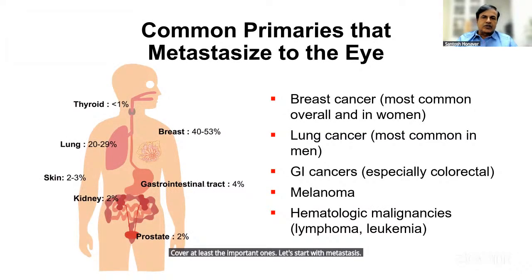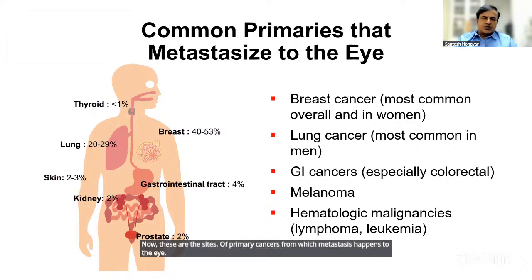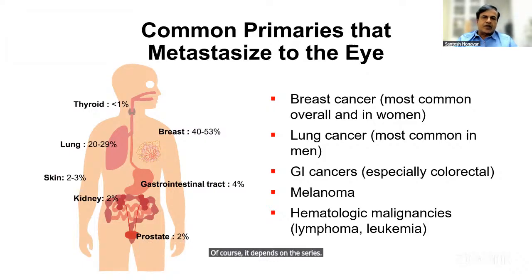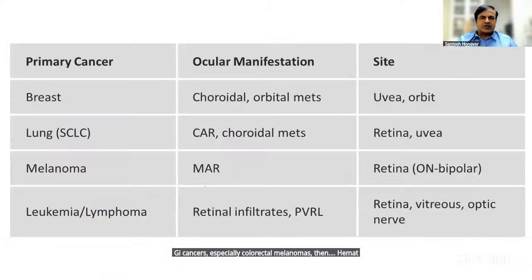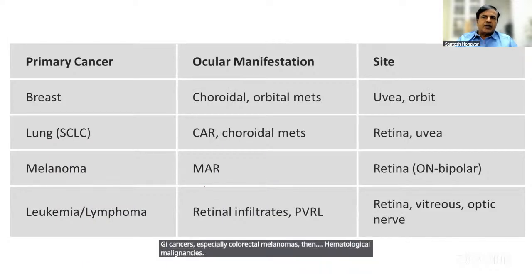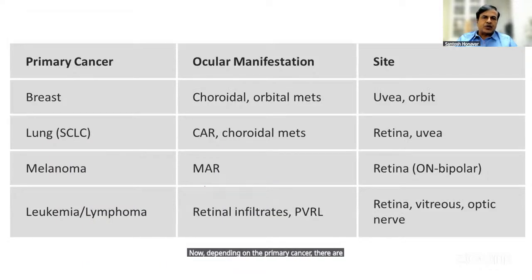Now, these are the sites of primary cancers from which metastasis happens to the eye. Of course, it depends on the series, but breast remains the commonest, 40 to 53%. Lung comes next, then come everything else. GI cancers, especially colorectal, melanomas, then hematological malignancies. Now, depending on the primary cancer, there are specific ocular manifestations as well.